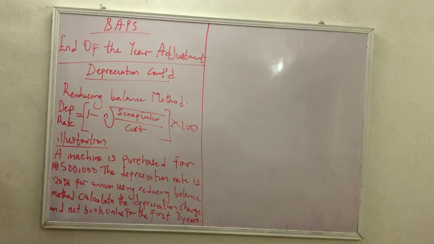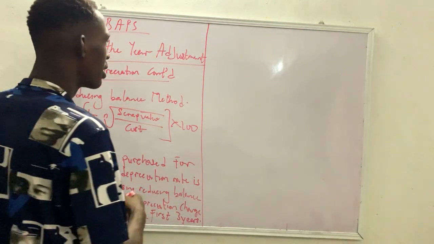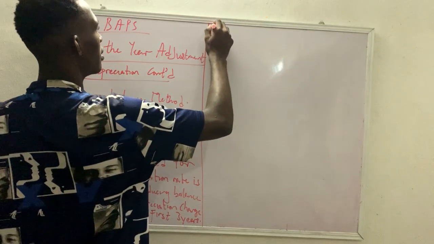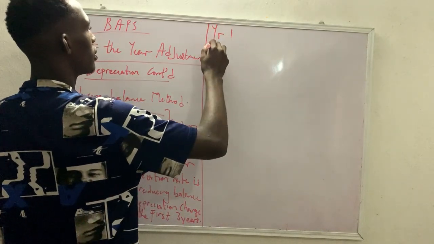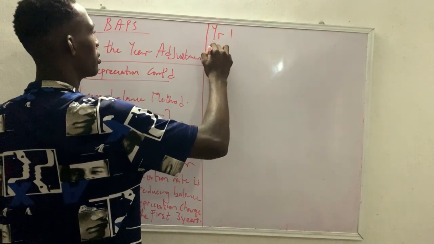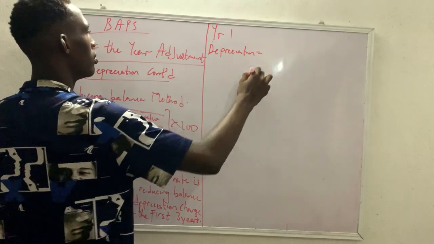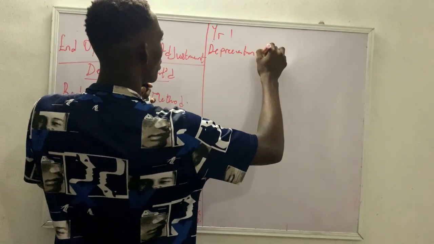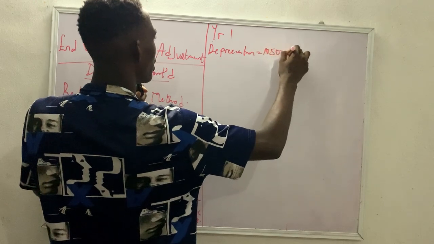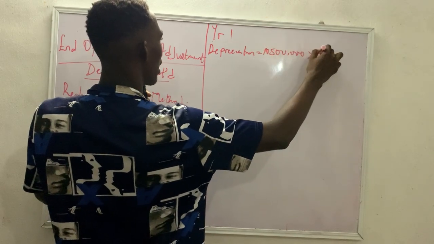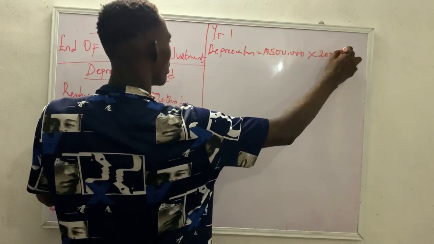So now, without wasting much time, our depreciation is equal to what? 500,000 times 20%.